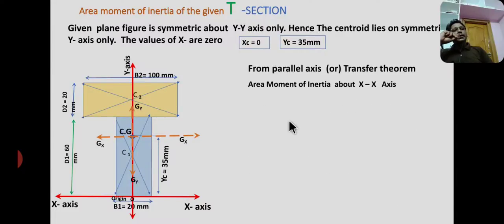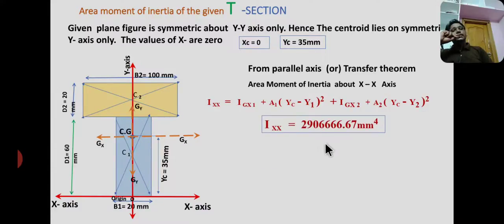From the parallel axis theorem or transfer theorem, the area moment of inertia about the x axis, that is the base, equal to Igx1 plus a1 into (yc minus y1) whole square plus Igx2 plus a2 into (yc minus y2) whole square, and the answer is Ixx equal to 2906666.67 mm power 4.